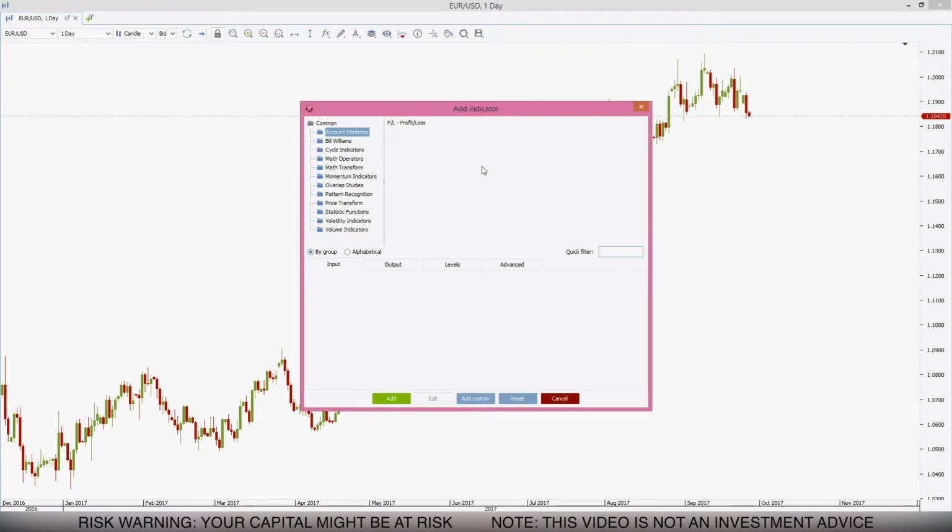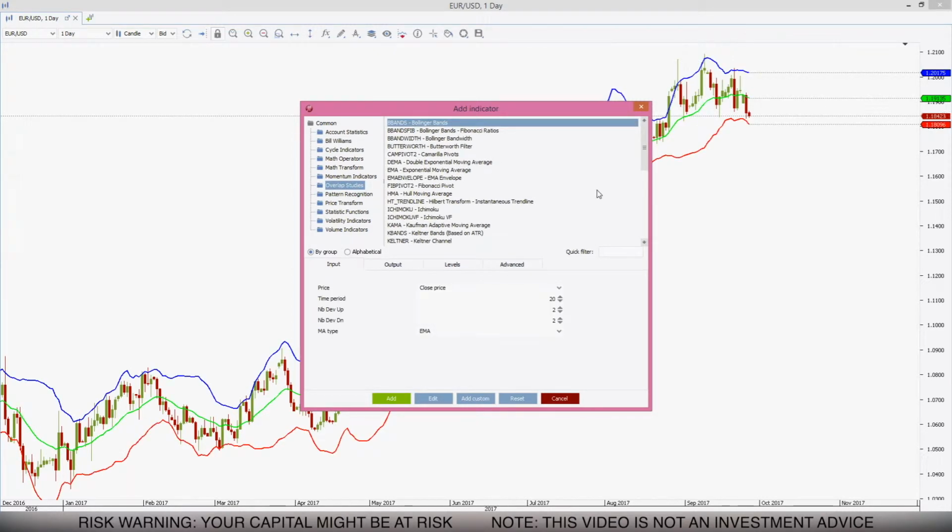On this trading platform, the Bollinger Band appears under the overlap studies. See here the first one, B-Bands, Bollinger Bands. But on the MetaTrader, for example, which is the most popular trading platform for retail traders, you can find it for free all over the internet, basically with any broker. You can download it for free.